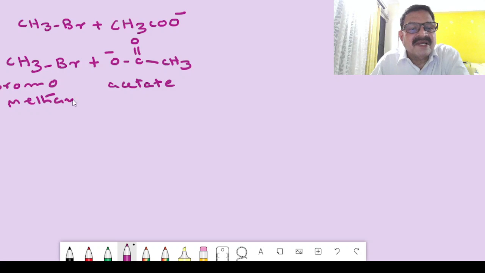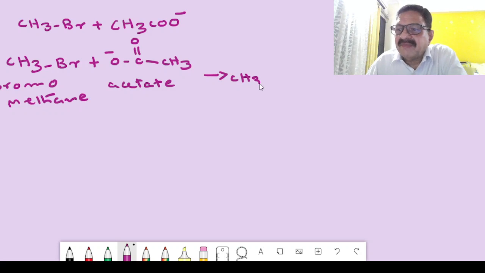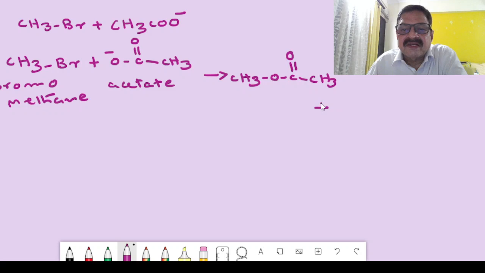So this is the first reaction we are considering. This will give you methyl acetate, CH3COOCH3, and Br minus is the leaving group. So methyl acetate is formed here.